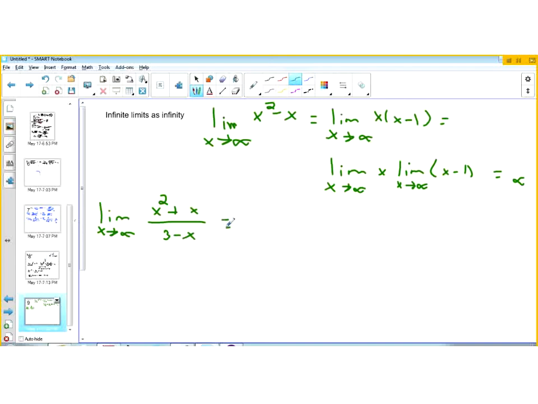We can recast this function in powers of 1 over x by dividing upstairs and downstairs by x squared. So that would be 1 plus 1 over x. I'm dividing upstairs and downstairs by x squared.